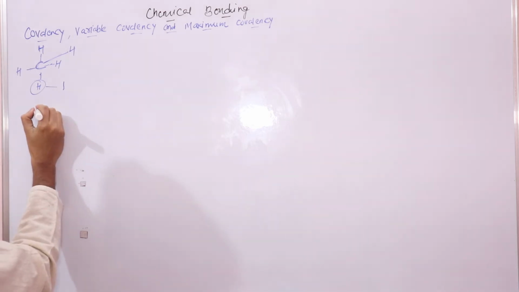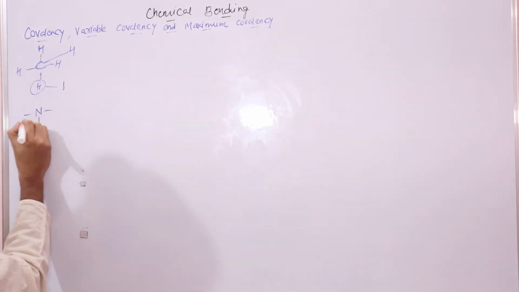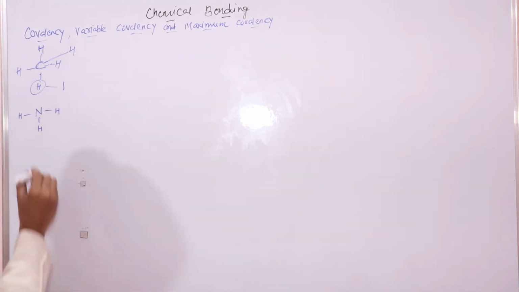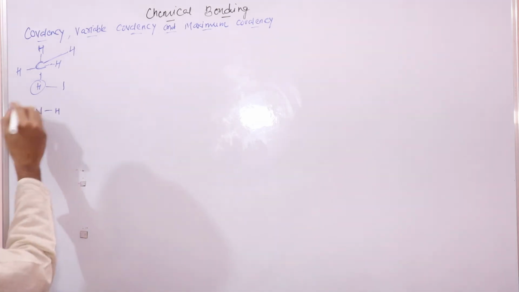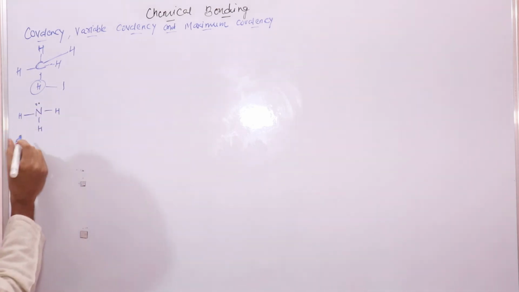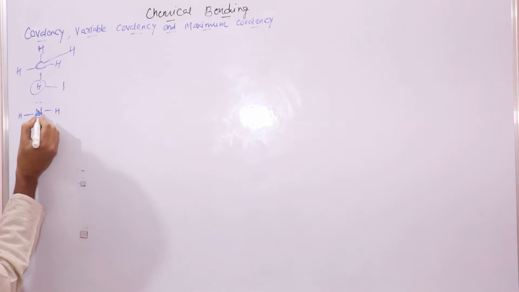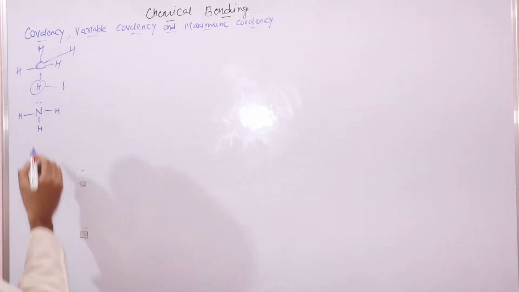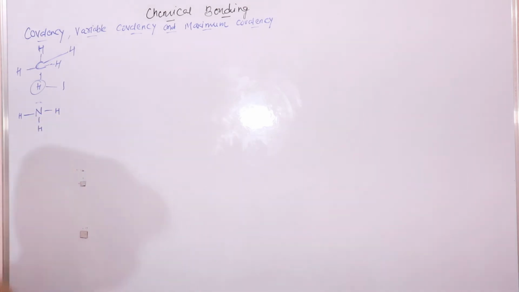So let's take another example, ammonia. In this chemical compound, ammonia, the nitrogen atom is forming 3 covalent bonds. So the covalency of the nitrogen atom in ammonia is 3.